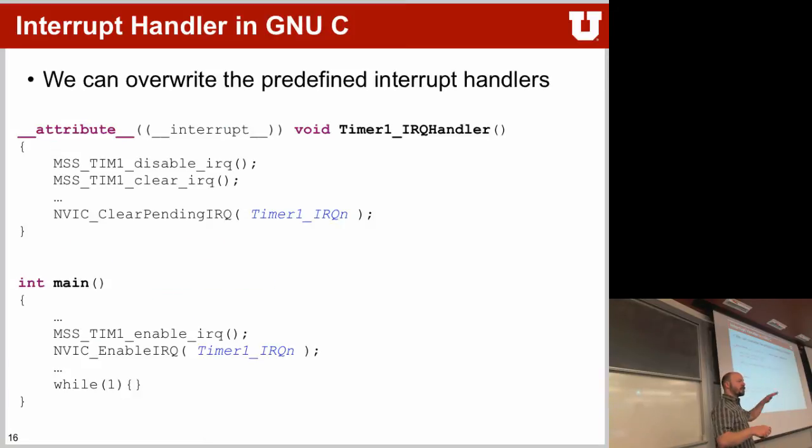And now instead of going to that infinite loop in that predefined function, when an interrupt happens, you will jump into your own interrupt handlers. And then inside the interrupt handlers, you have to do all your handling. So in this case, we disable the timer interrupt, we clear the timer interrupt. So we go to that RIS register there and write a 1 into it to actually turn it off. And then we have to clear the pending interrupt in the NVIC to re-enable them later on.